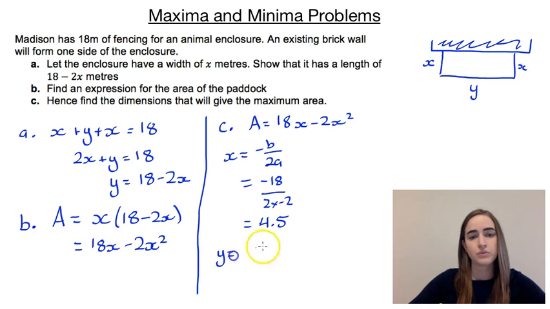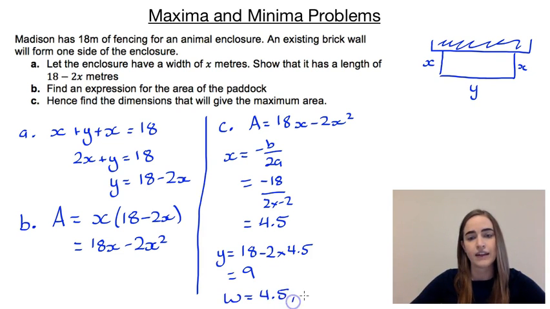So our length will be 18 minus 2 times 4.5, which would give us 9. So the dimensions that will give us a maximum area would be a width of 4.5 and a length of 9 meters. All right, so those are a few examples of problems involving quadratics and maxima and minima problems.